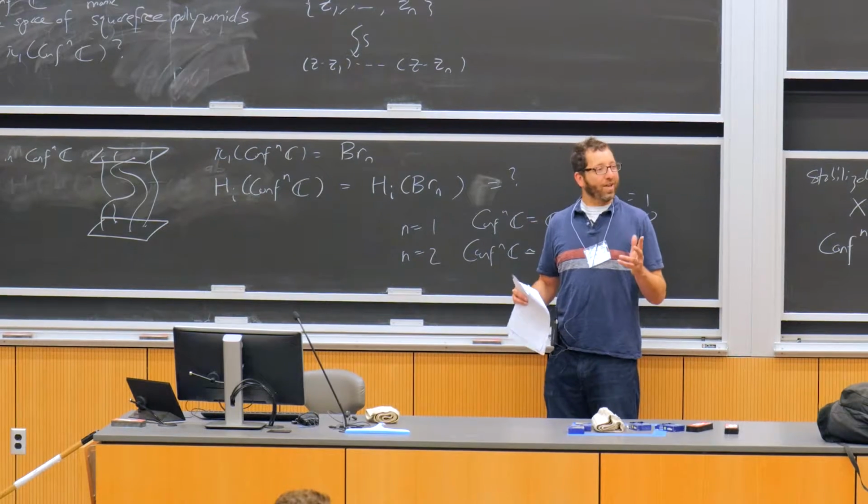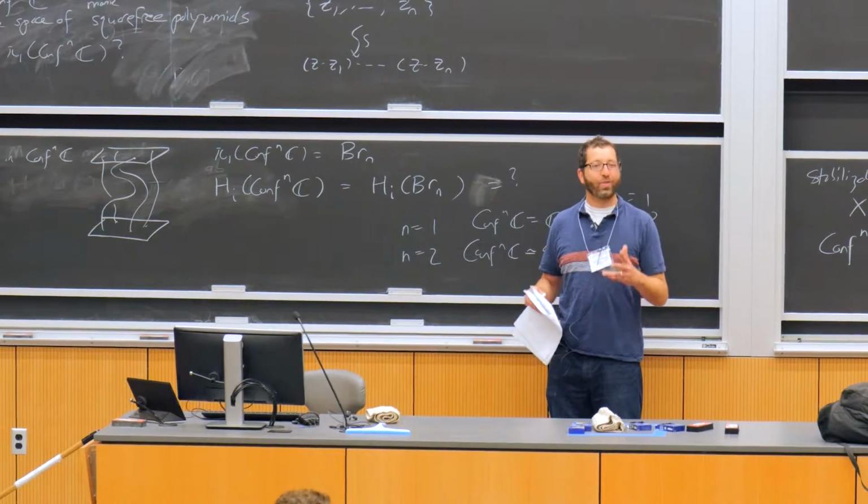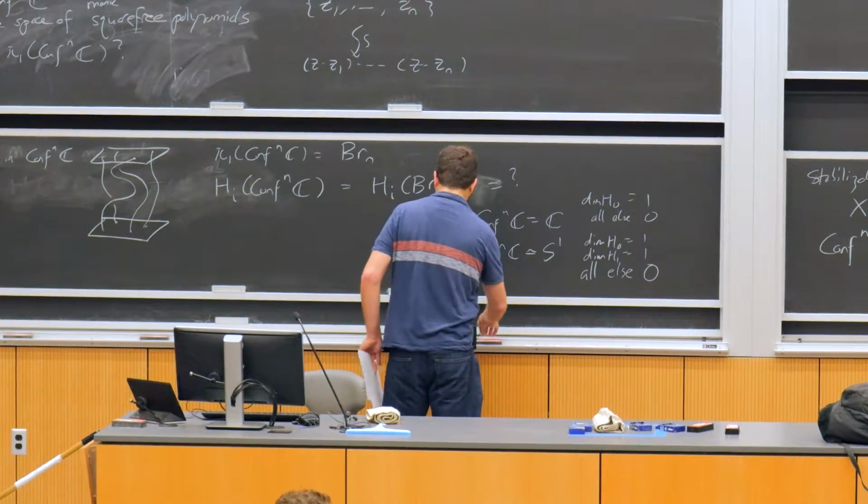Already for n equals 3, it's a little bit harder to see what's going on. I think it's hard to draw a picture of that space and to have a picture of what its homology is, but I'm going to tell you.